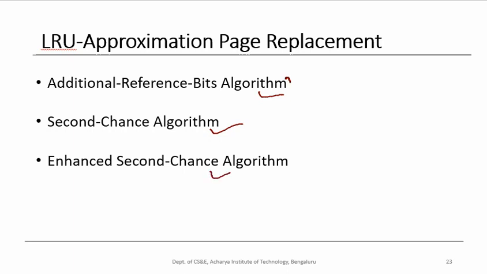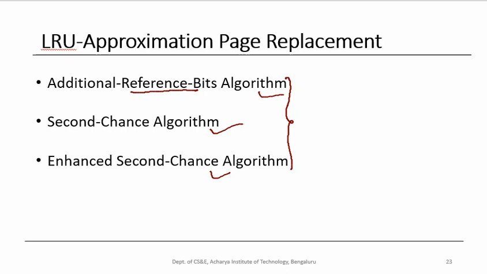Now before we discuss these algorithms, we will have to understand what a reference bit is. This reference bit is a hardware support given to the operating system to make the decision on which page to replace when a page has to be replaced.